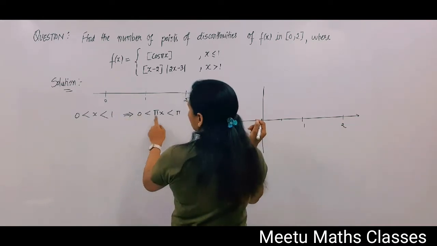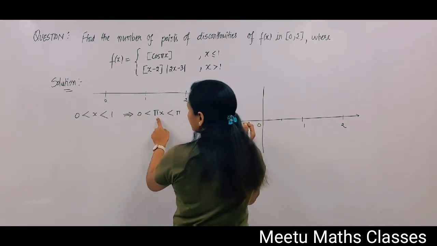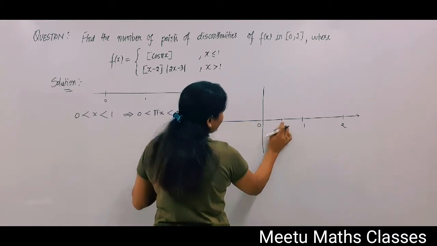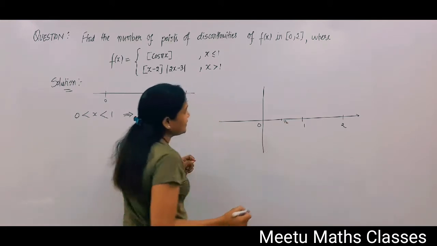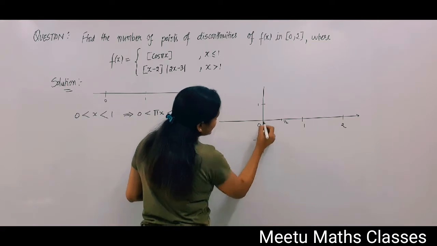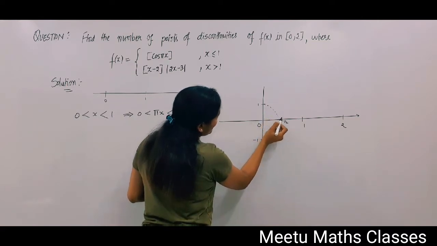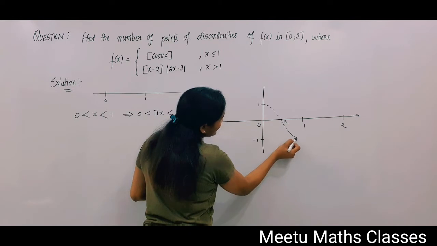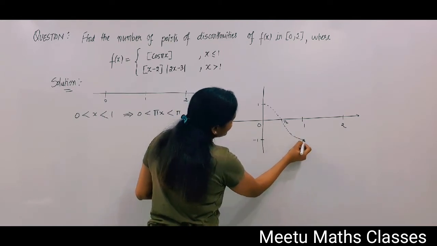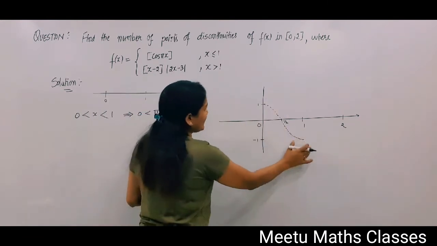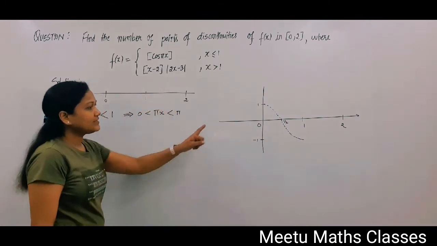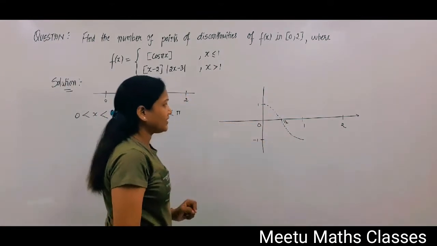It will become 0 at π/2, so at x = 1/2 it is becoming 0, and at 1 it is −1. I have drawn it in dotted lines because this is not our final graph. We have to take the greatest integer function of cos(πx).